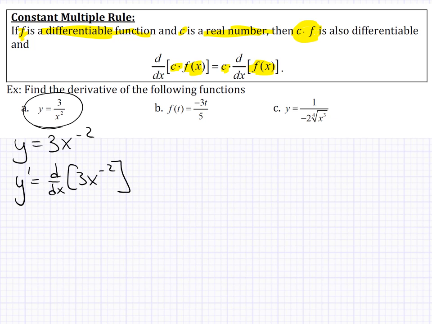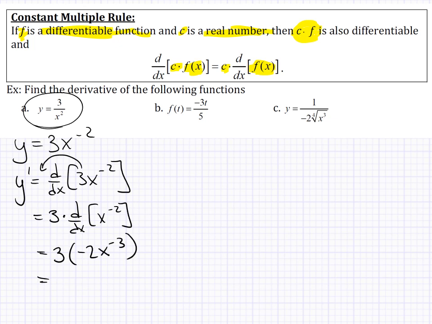But 3 is a constant multiple which can be pulled out. So I have 3 times the derivative of x to the negative 2. Well, that derivative being negative 2x to the negative 3, would give me 3 times negative 2, which is negative 6. Drop that x to the negative 3 to the denominator, and that's the derivative, negative 6 over x cubed.